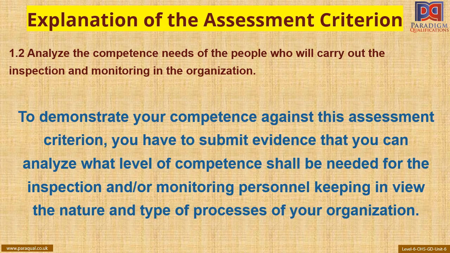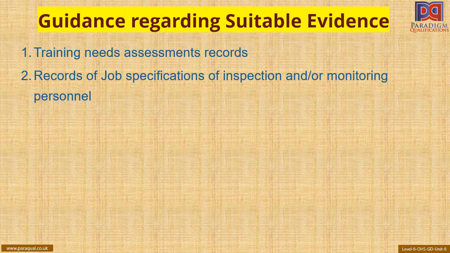Let's discuss what can be the suitable evidence. To demonstrate your competence, you can submit training need assessment records, records of the job specification of inspection and monitoring personnel, which mentions the required competence levels.